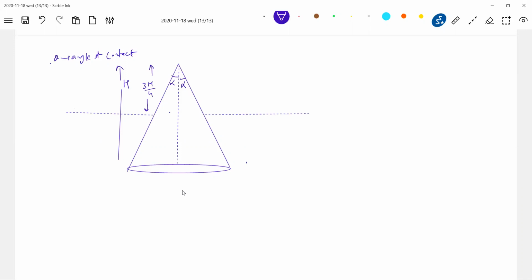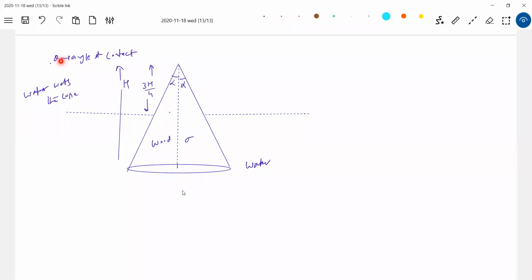What is the surface tension of the liquid, say water? And the density of the cone, let it be sigma. Now tell me, theta is the angle of contact. So here water wets the cone. Say this is wooden, let it be. If it wets the cone completely, theta will be 0.